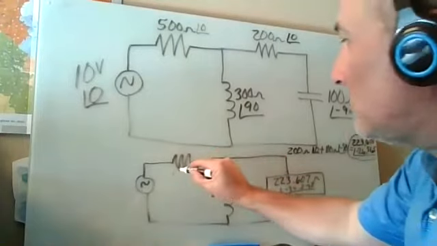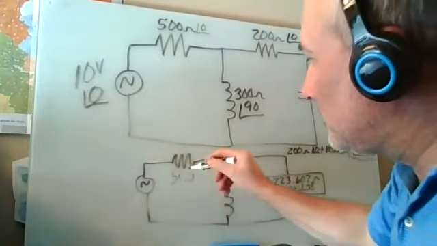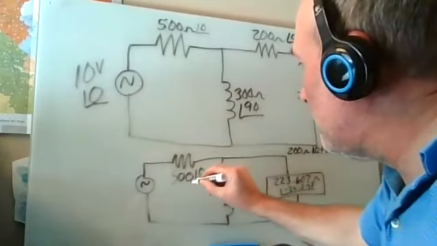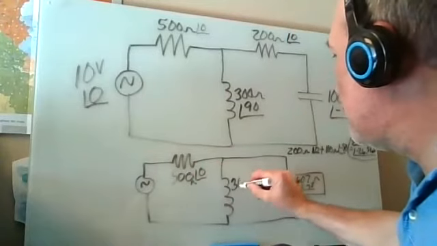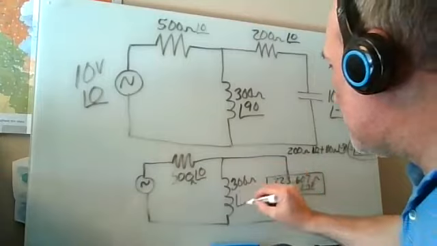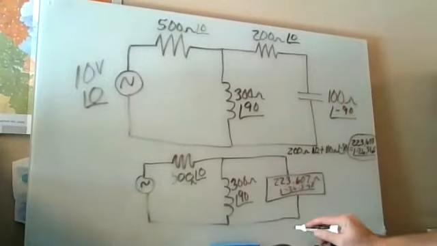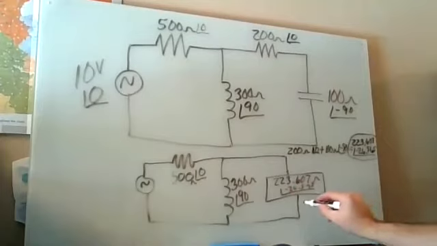Okay, so this one was 500 ohms at an angle of 0, and 300 ohms at an angle of 90. Now I do these two in parallel.